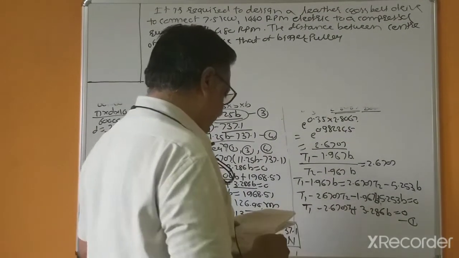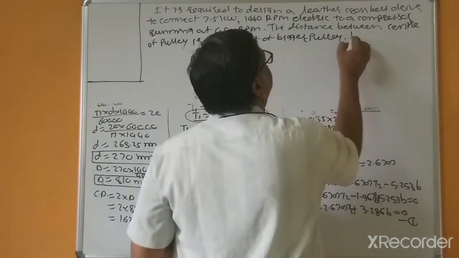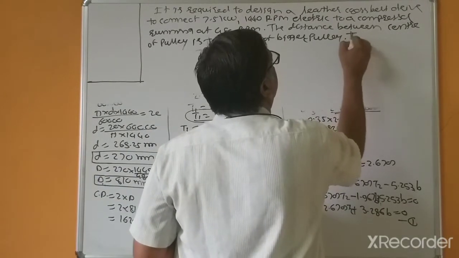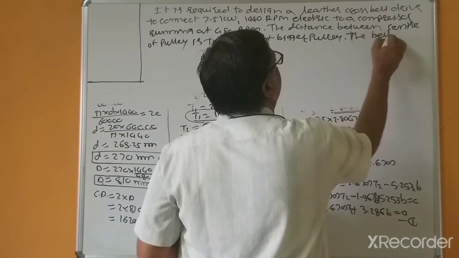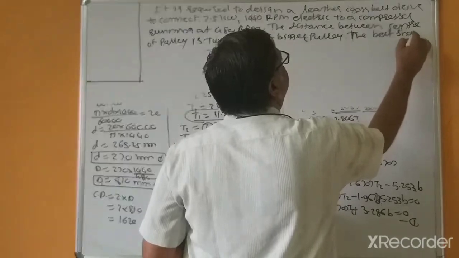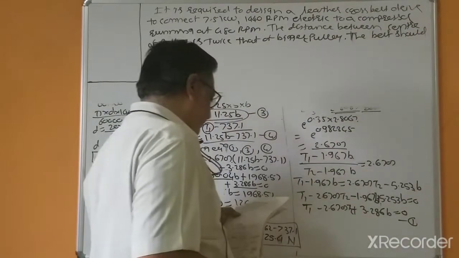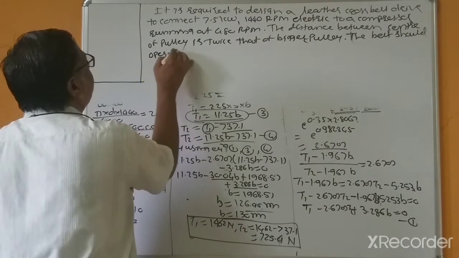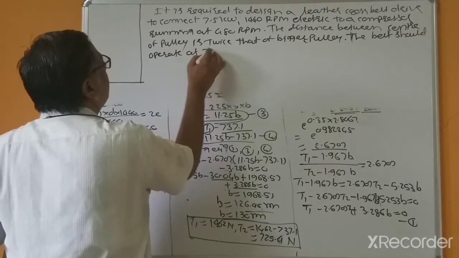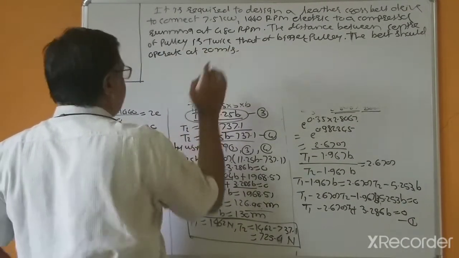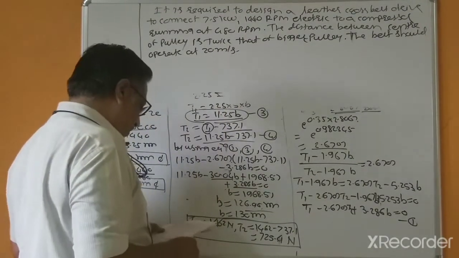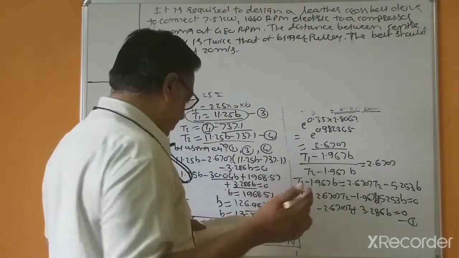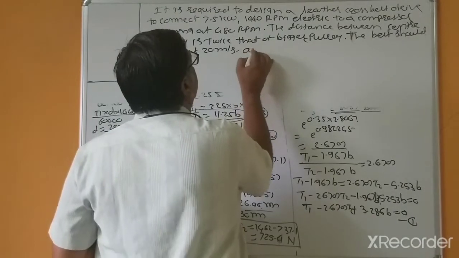The belt should operate at 20 meter per second approximately.